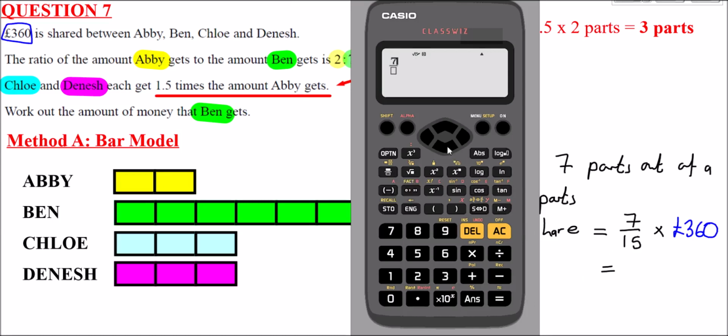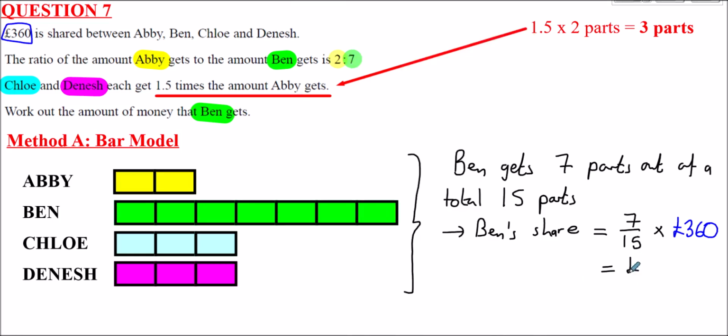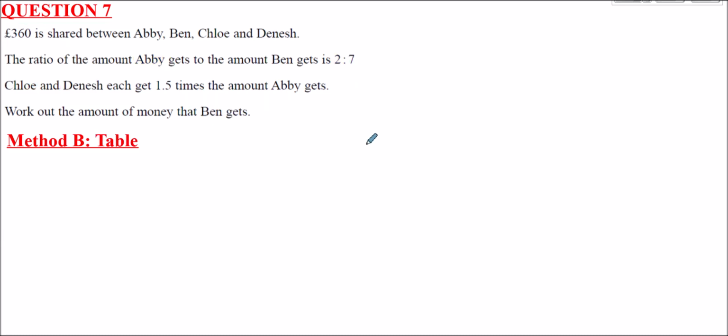So 7 over 15 multiplied by 360, that tells us Ben must get £168. And that's using this idea of a bar model, which isn't the only way ratios can be done. I'll show you another way you could think about it.